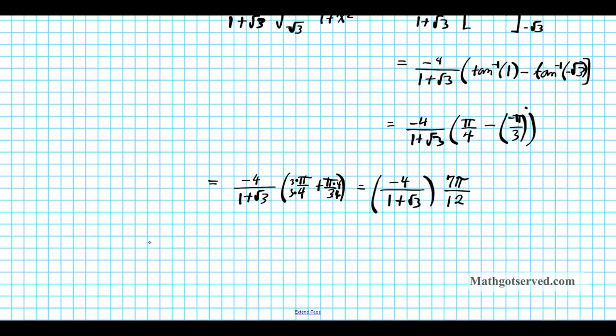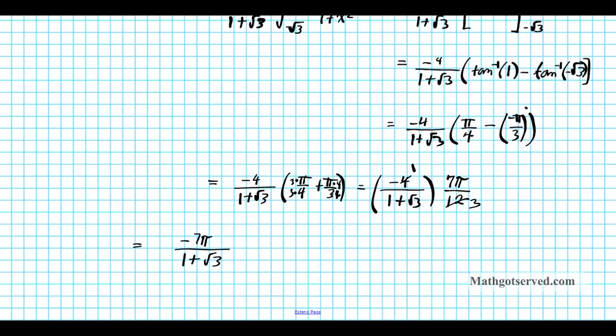So let's simplify this a little bit further. 4 goes into 4 once, 4 goes into 12 three times, and you're going to have negative 7 pi divided by 1 plus root 3.